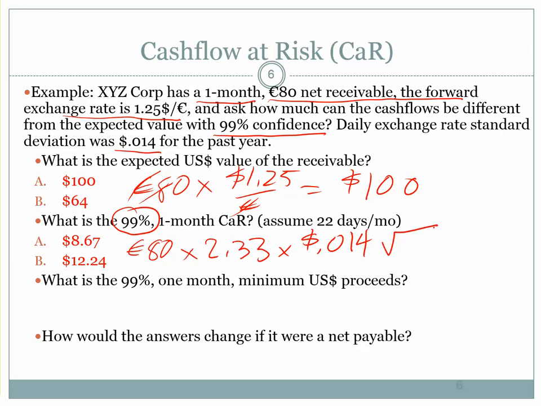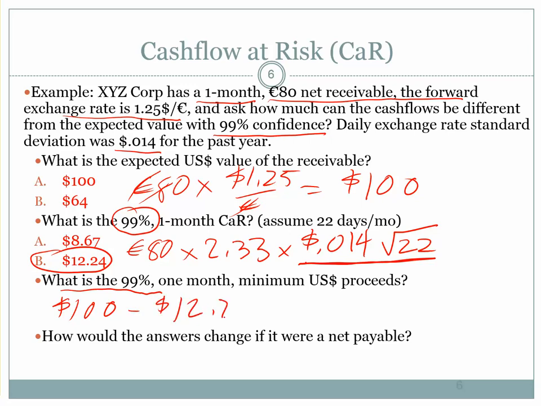But I need to scale that to get a 1-month or 22-day standard deviation. So this will give me the 22-day standard deviation. And if you do that, you'll get a cash flow at risk of 12.24. So now we can say that with 99% confidence, I believe we'll get 100, but not more than 12 less than that. So I expect to get 100. The cash flow at risk number is 12.24.